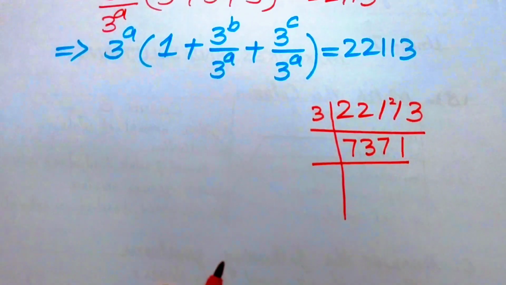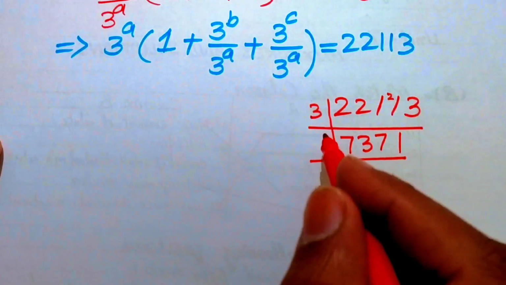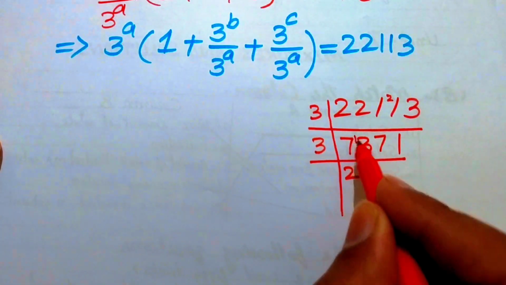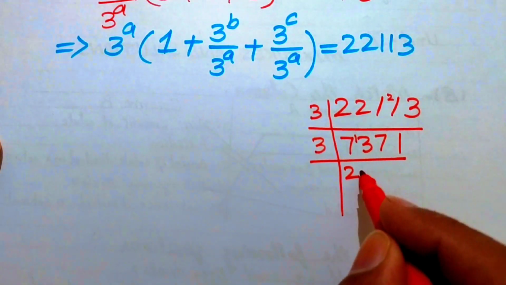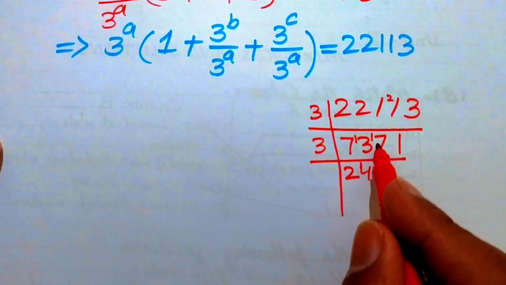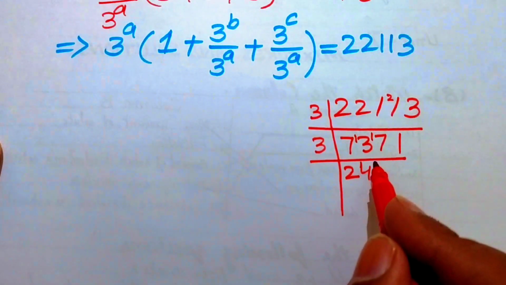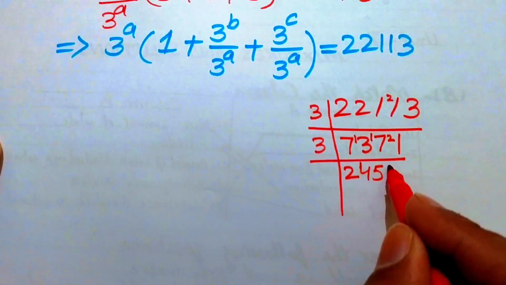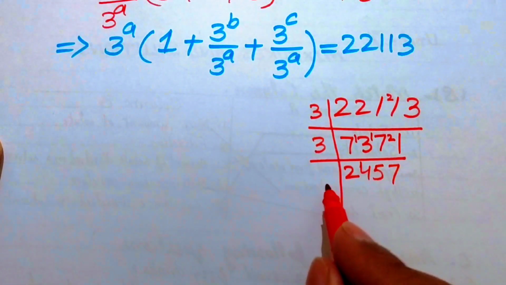Now we again divide it by 3, and 3 2s are 6 and we carry 1, and it becomes 13, and 3 4s are 12 and we carry 1, and you get 17, and 3 5s are 15 and you carry 2, and 3 7s are 21.